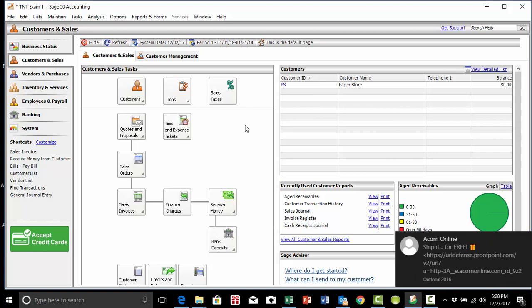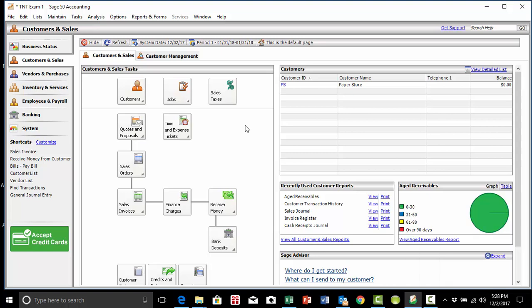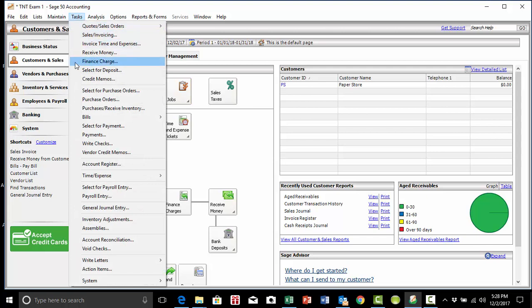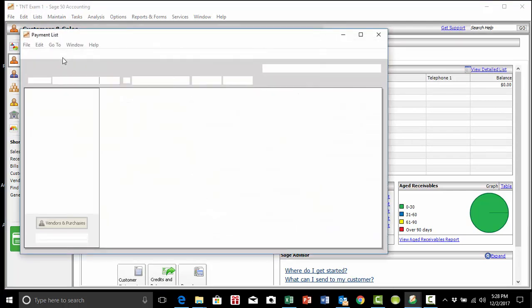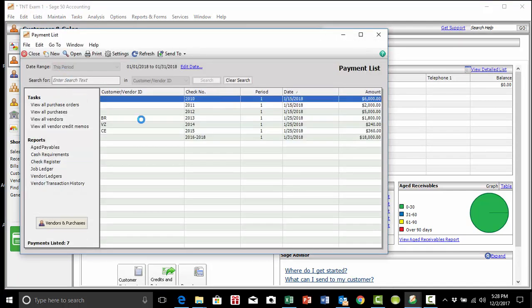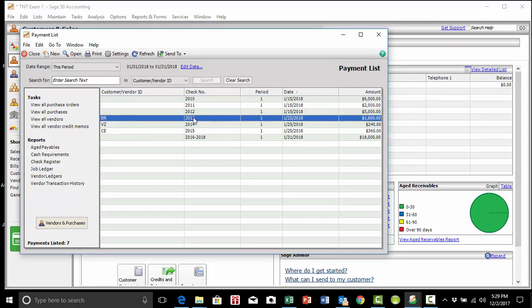And then after we've accrued expenses, we can pay them. We have to pay them. We just accrued them, and now we are going to pay them. And we do that in bills, pay bills. So we go to tasks and bills, pay bills, pull out the list, and let's see, check number 2013 is the first one.